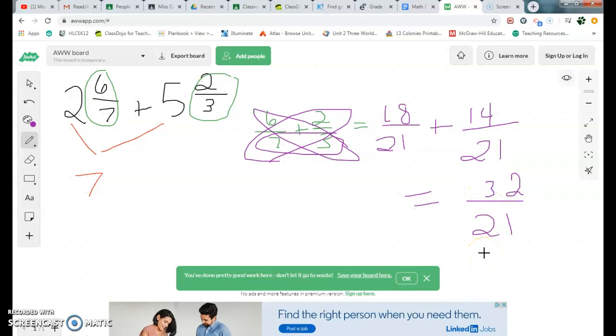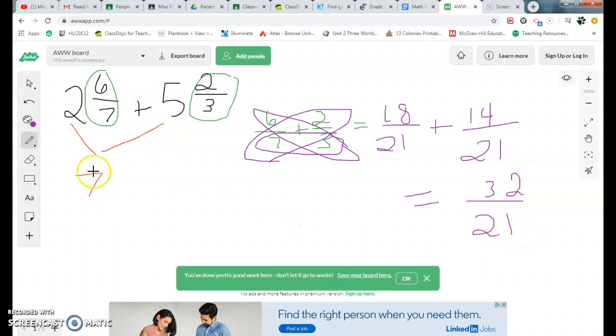Now that is an improper fraction because my numerator is higher than my denominator. So before I add my little sibling back to my big sibling, I need to convert this 32 21sts as a mixed number.